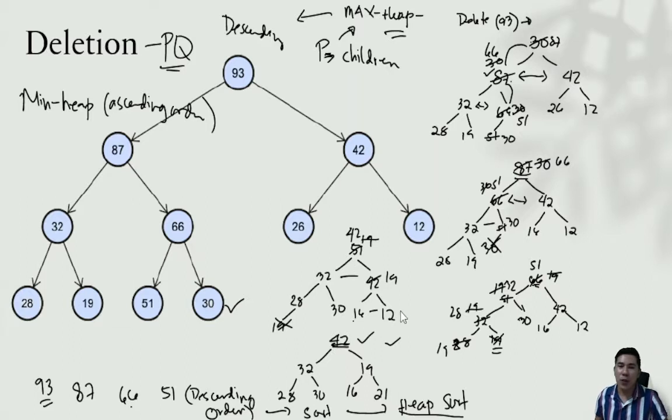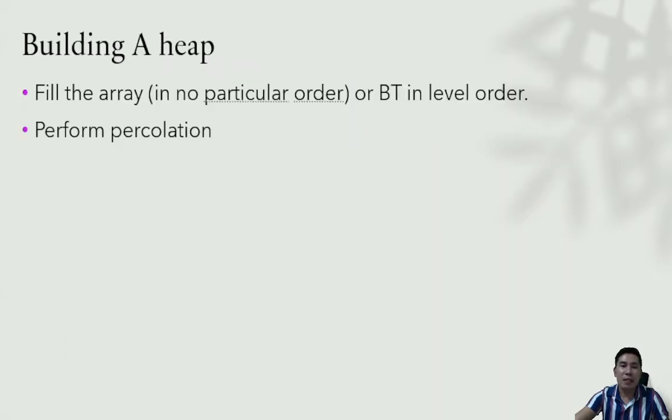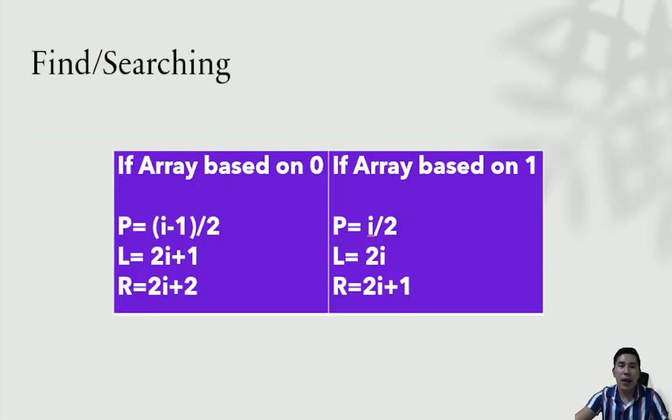Okay, so that's it for the deletion of a node. Now let's have building a heap, but before that, let's review how to perform the search operation in a binary heap.